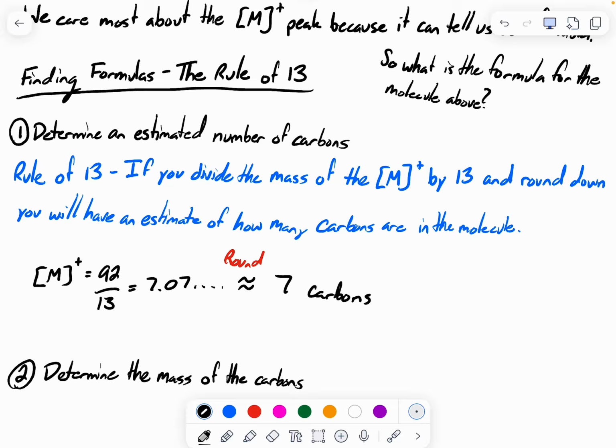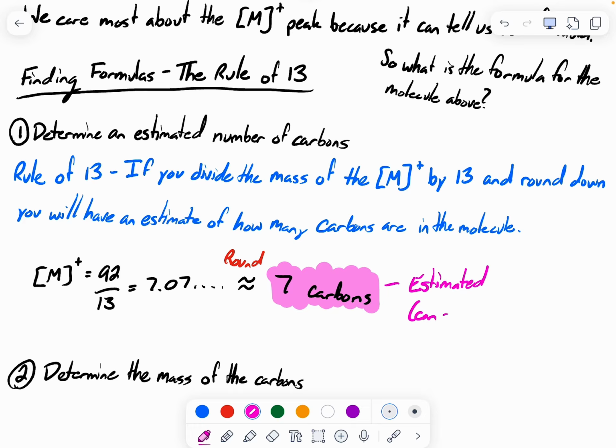That's our estimated carbon count, and we're going to utilize that as the basis for our molecular formula. We can change this later, since it's just an estimate. So keep in mind that you do not need to stick with the exact number of carbons you have originally, though most of the time it'll be pretty good.